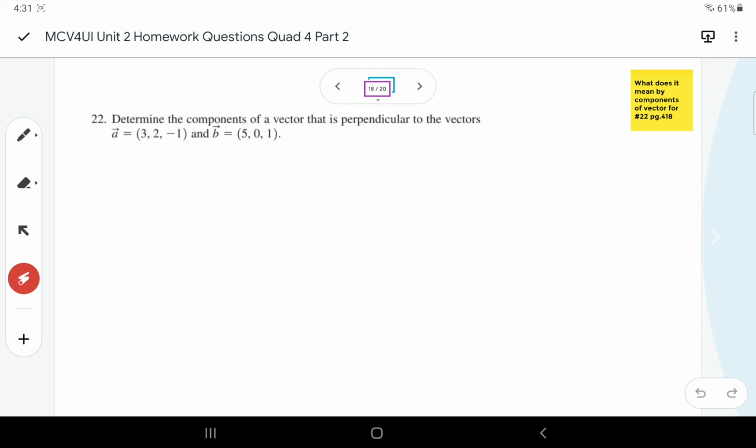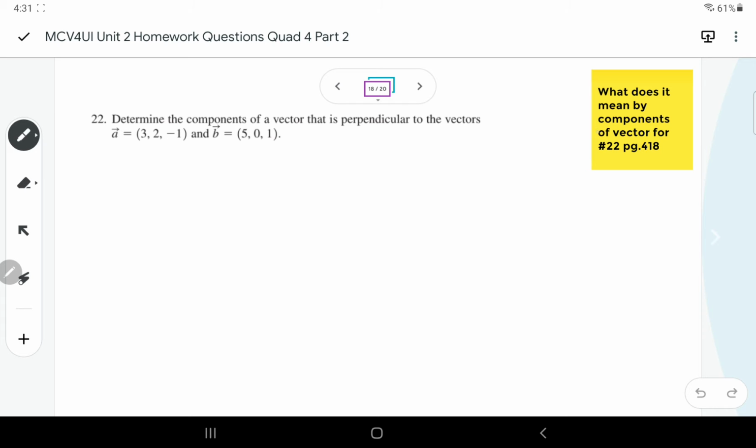So this one, determine the components of a vector that is perpendicular to these vectors. This feels like an easy one for question number 22, but sometimes they're just kind of written in the order. The components of the vector, that just means in component form, which is what we almost always just use, right?